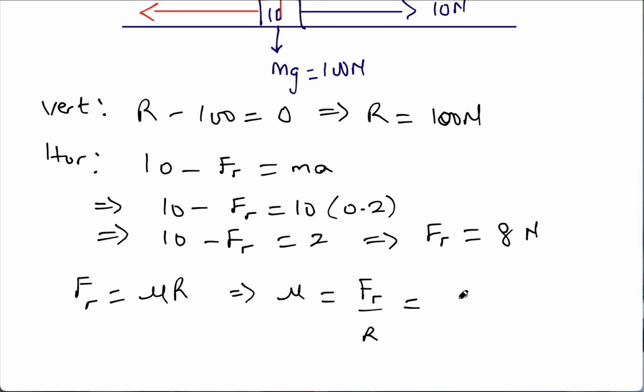And this implies that we have 8 divided by 100, which is 0.08. Then the result of this shows that the coefficient of friction between the block and the horizontal surface is 0.08.